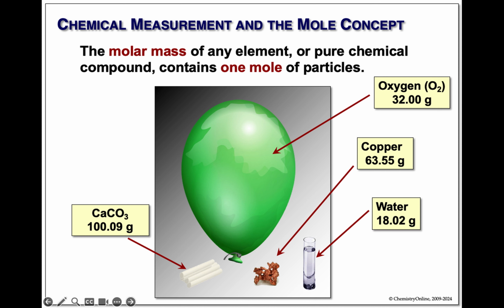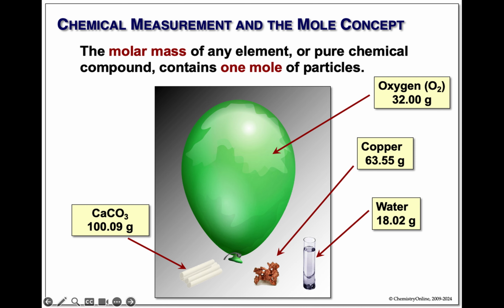Each of these masses contain 1 mole, and they all have exactly the same number of particles in them. So if you wanted to react oxygen and copper in a 1-to-1 ratio, you would take 32 grams of oxygen, 63.5 grams of copper, and it would be 1-to-1.